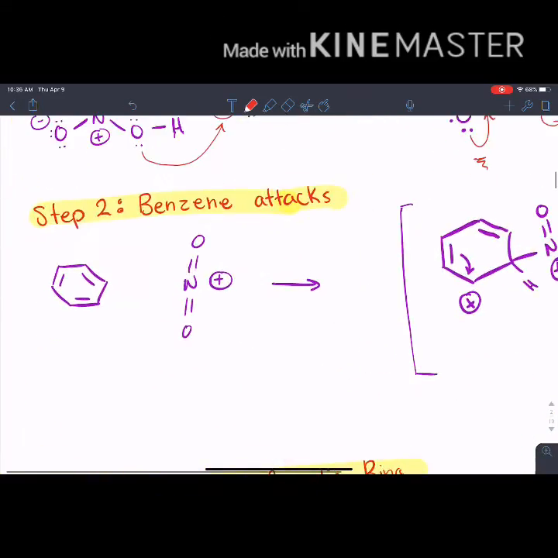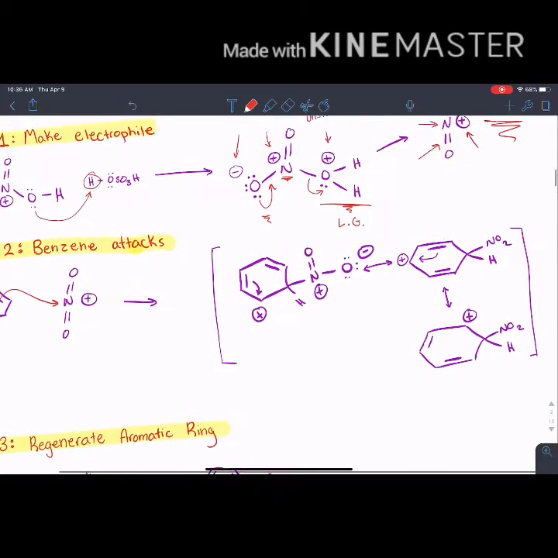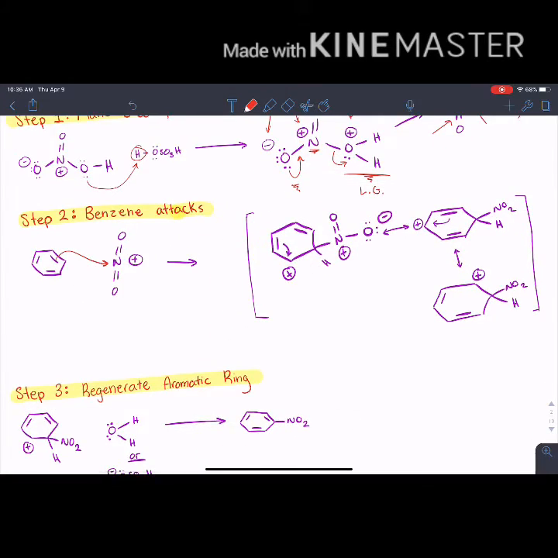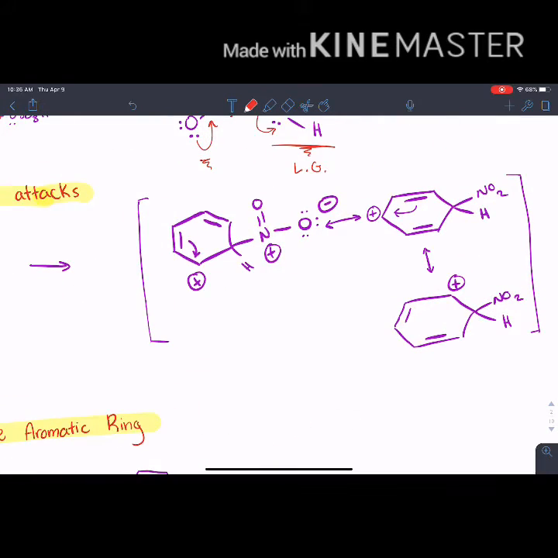So, benzene then attacks this nitronium ion that we have created in the first step. Then you create a resonance stabilized carbocation. As we said before, it's a great way of practicing your resonance structures to just draw this out once or twice so that you are comfortable with this process, okay?